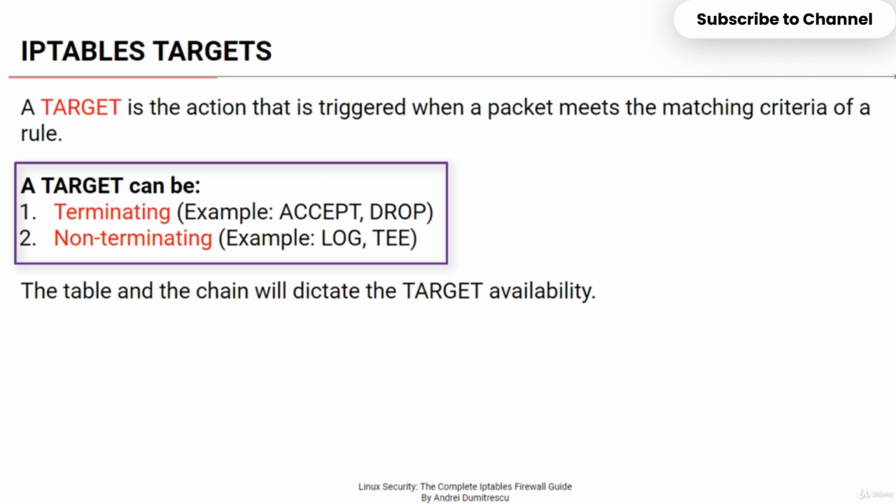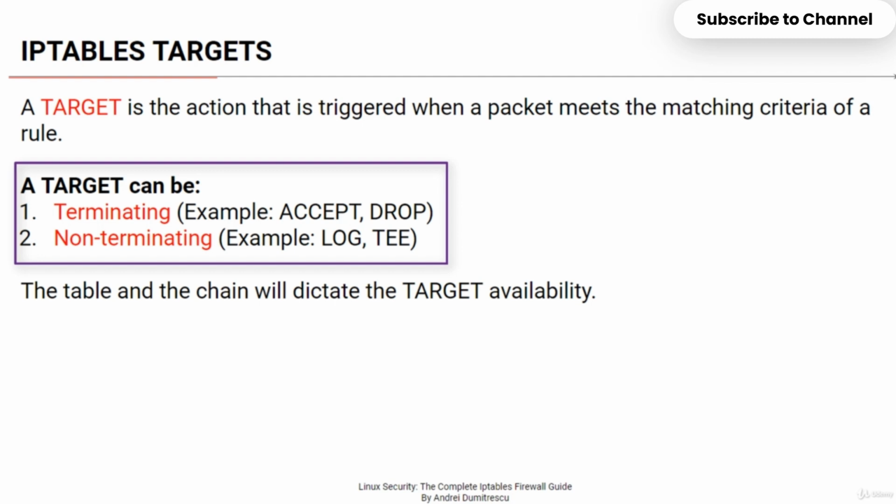Drop is such a terminating target. For example, if the matching criteria of a rule is DROP, the packet is dropped and no other rule will be evaluated. On the other hand, a non-terminating target performs an action and then the evaluation within the chain continues. The packet continues traversing the rules in the chain.